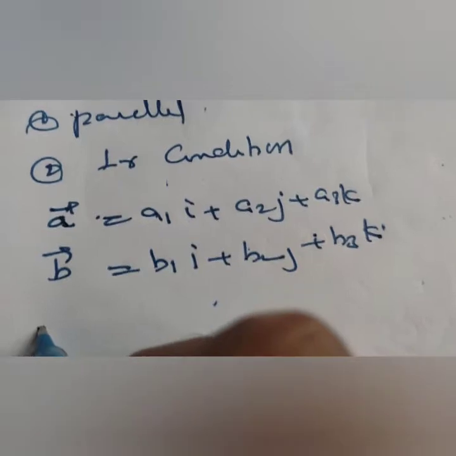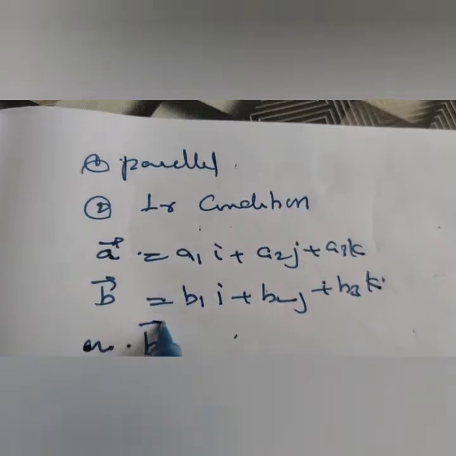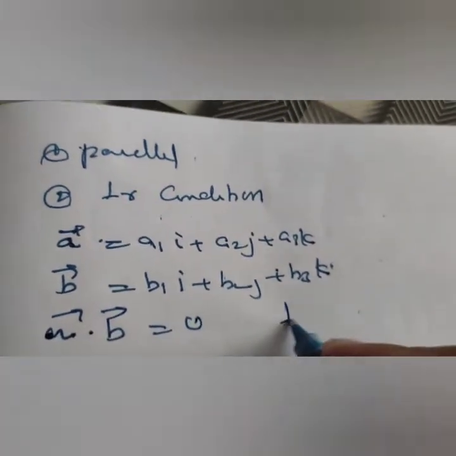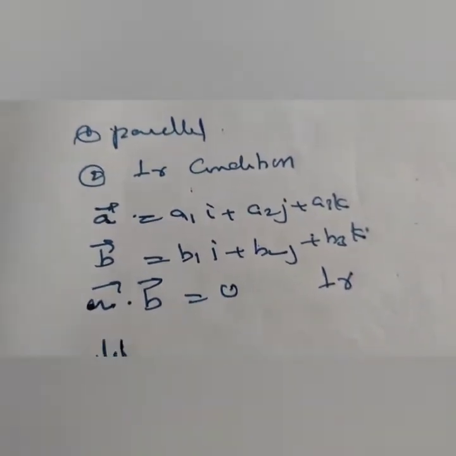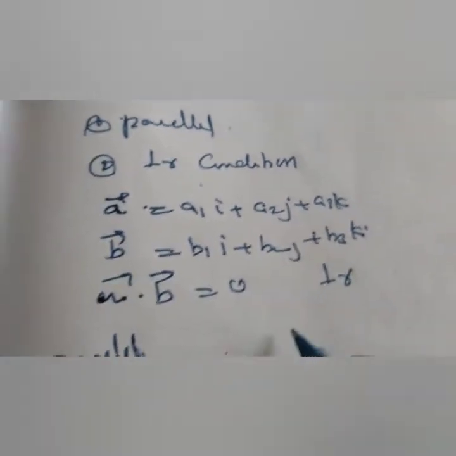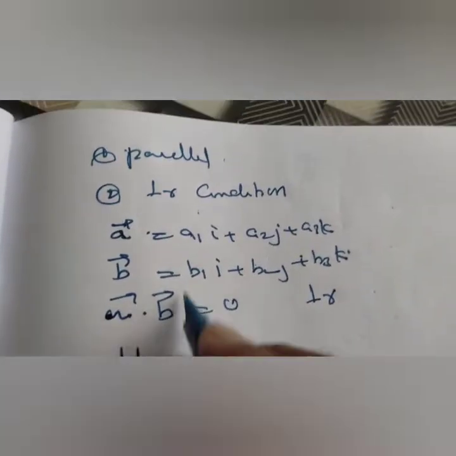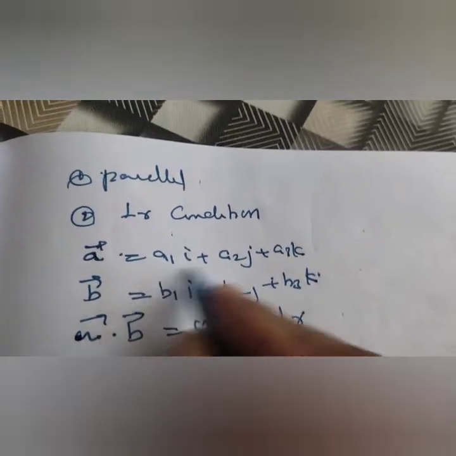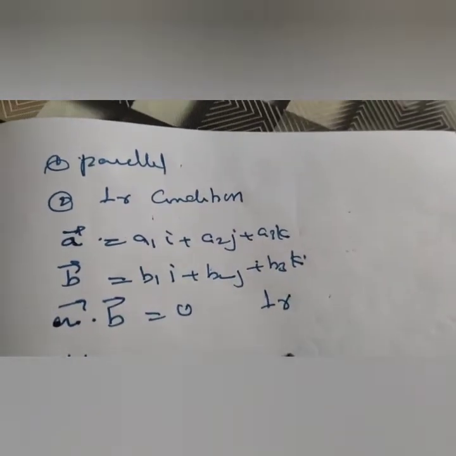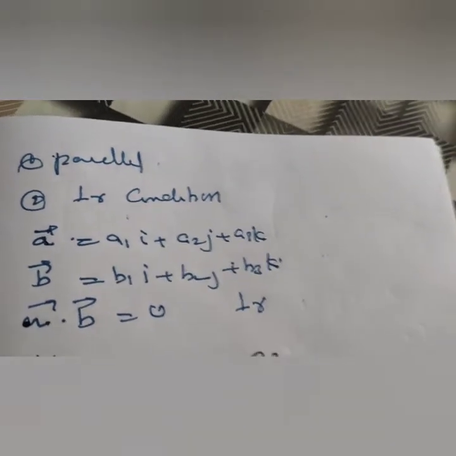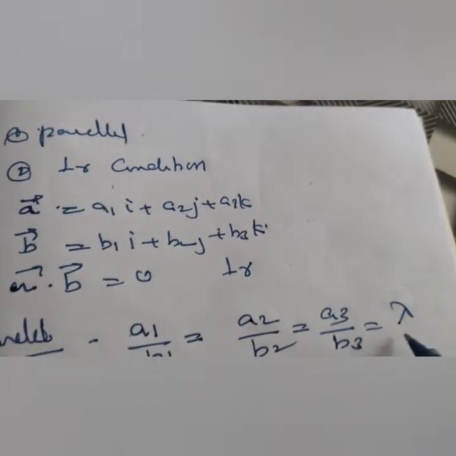If it is perpendicular, A dot B is equal to 0. This is the condition for perpendicularity. But what is the parallel condition? For parallel, we take the division of the coefficients: A1 by B1 must be equal to A2 by B2, must be equal to A3 by B3, which must be equal to a scalar lambda.